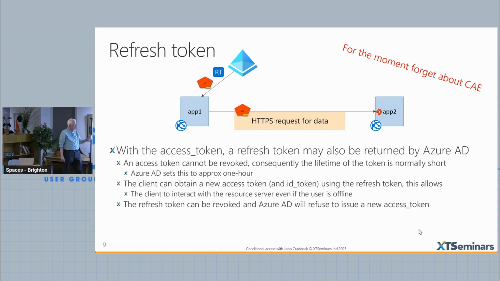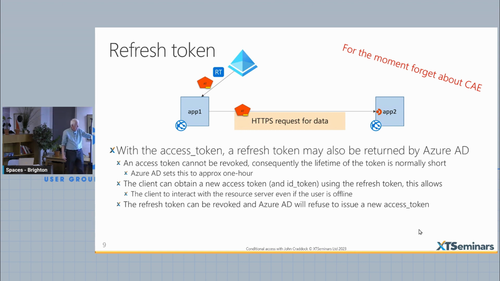So the idea of the refresh token is every hour, you have to go back to Azure and say, hey, can I have a new token, please? But the user's disappeared, so you can't prompt the user to log in again. If the user existed, they could use their cookie to re-authenticate. So the user's gone, potentially.